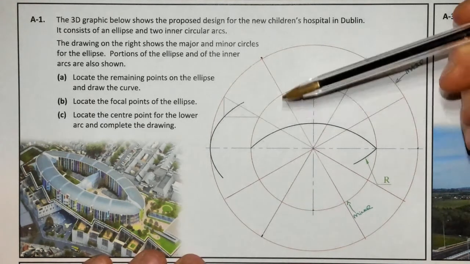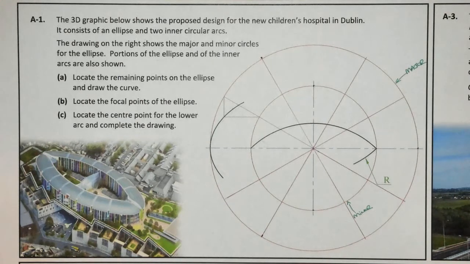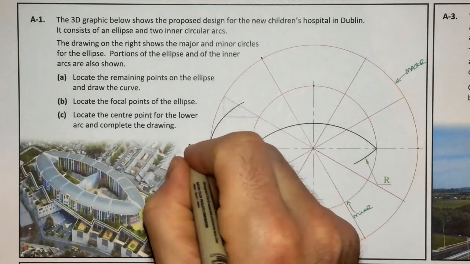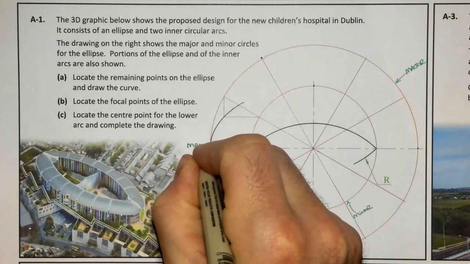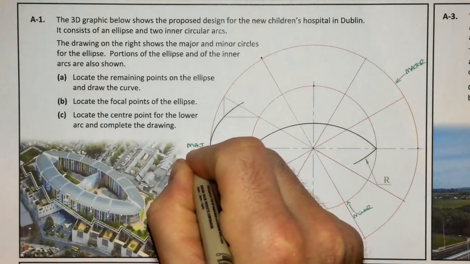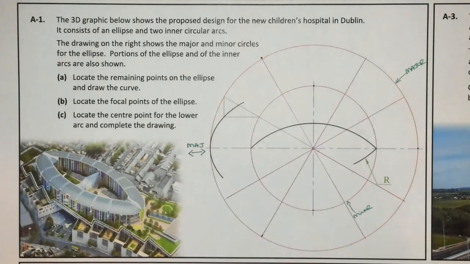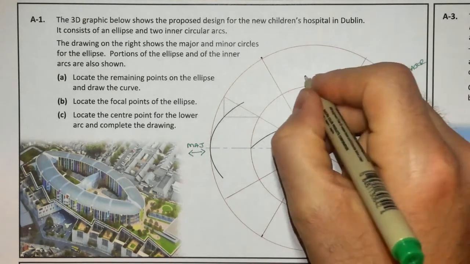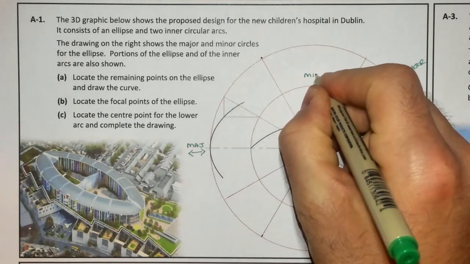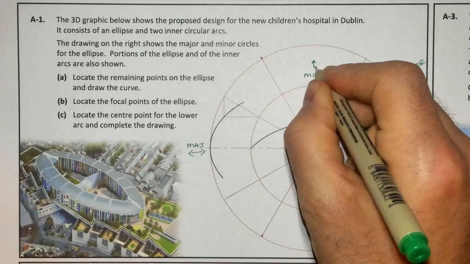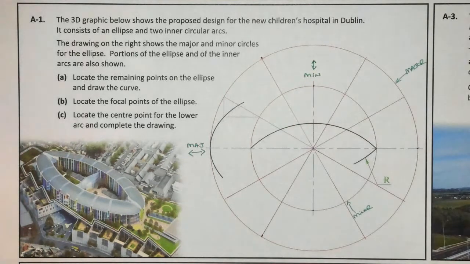So what we do, and this is important to note, is usually in class, for the major, I'd write MAJ, and I'd identify the direction of the major axis, which is going from left to right. The minor, which is up here, MIN, and I know my minor is going up and down, vertical. Major, horizontal, minor, vertical.